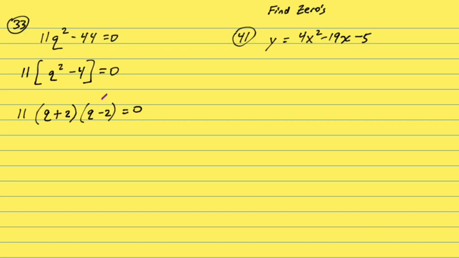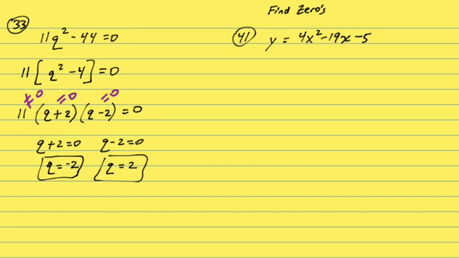And I have to make each factor equal 0. However, can 11 ever equal 0 if there's no variable in it? No, 11 will not equal 0. So if I make this equal 0 and I subtract 2, I get one answer. If I make this equal 0 and I add 2, I have my other answer.